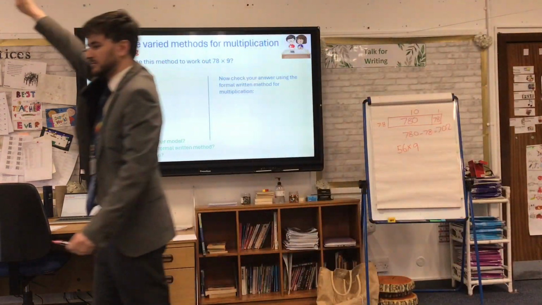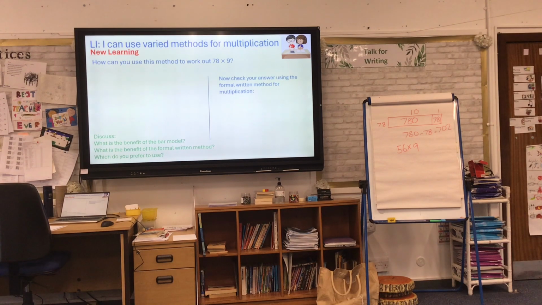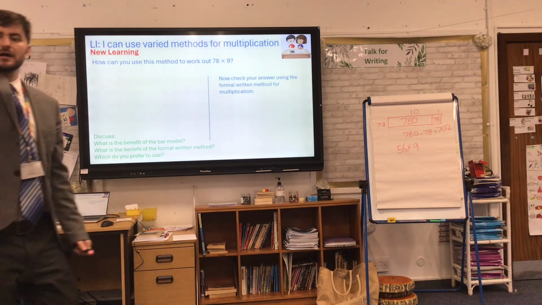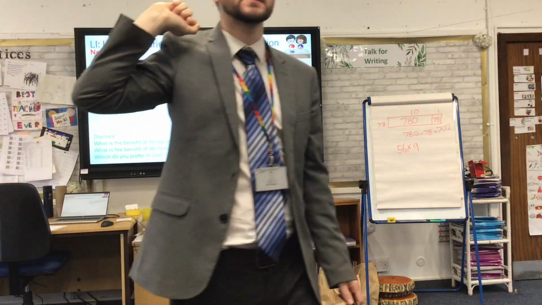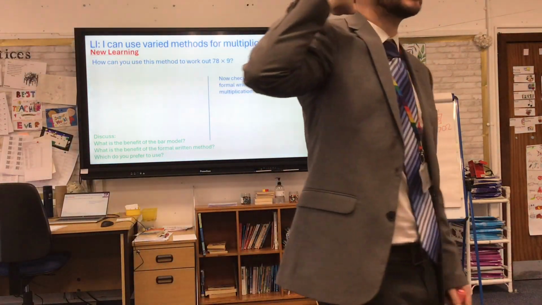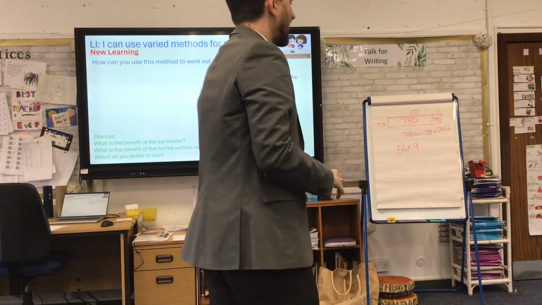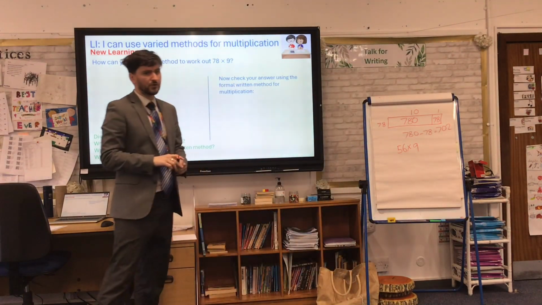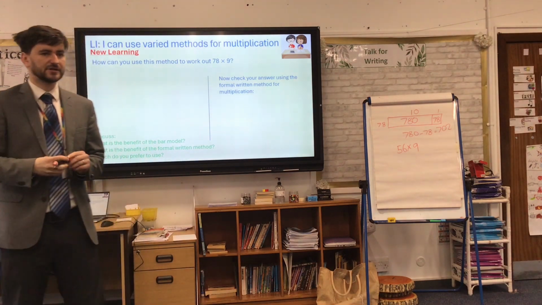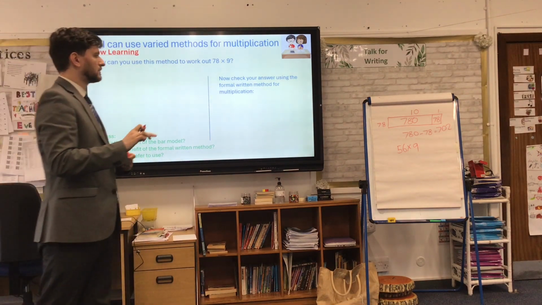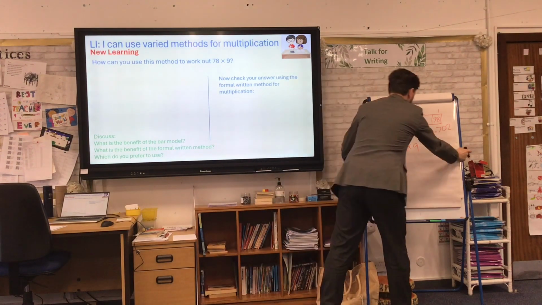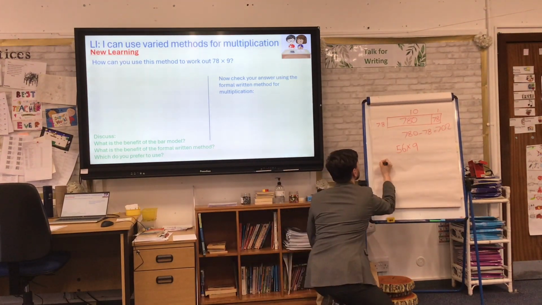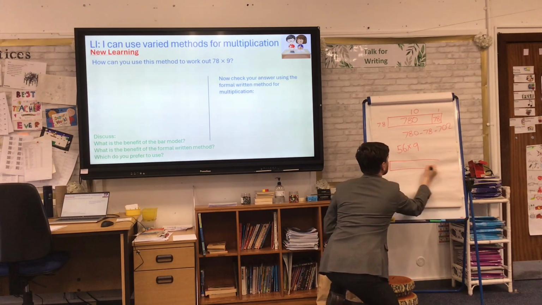Okay then, 5, 4, pencils down for me, 3, 2, 1, and 0. I've not spoken to Murray yet much in this lesson. Murray, how am I going to work this one out using a bar model? Round and adjust. So you round the 9 to 10, and then you put a 1 as well. So at the end you minus that number.